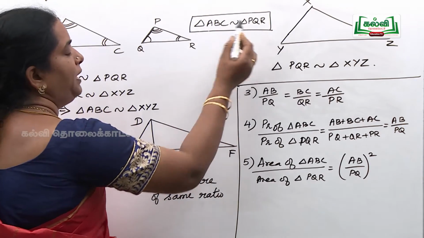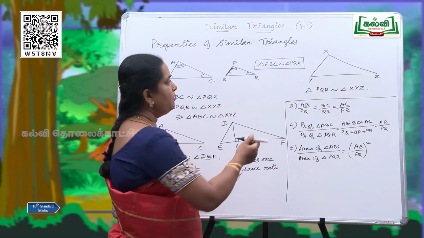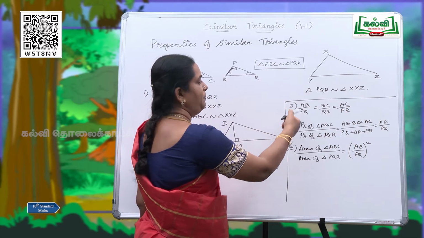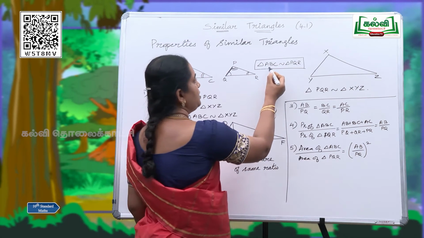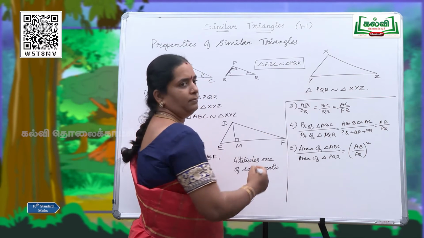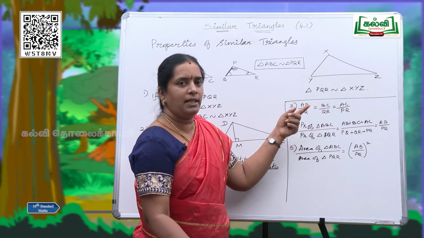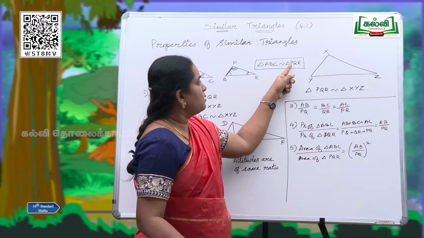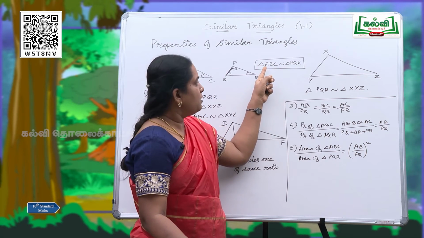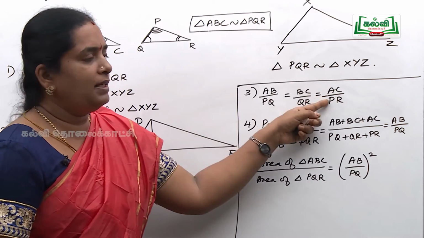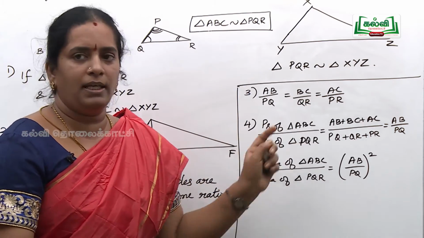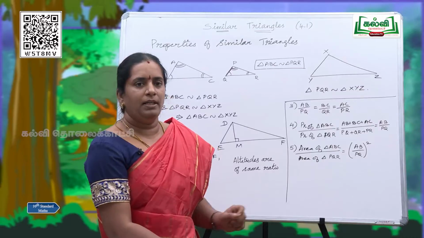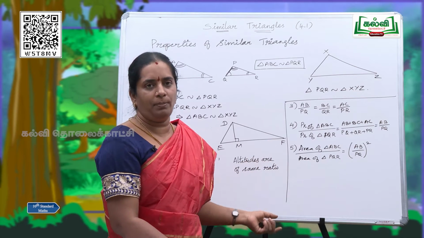So AB and PQ are corresponding sides. So we take the ratio AB by PQ, and then BC by QR is the next ratio, and A and C are taken together, so P and R. So AC by PR is the next ratio. So all these three ratios are equal, which is the most useful property.